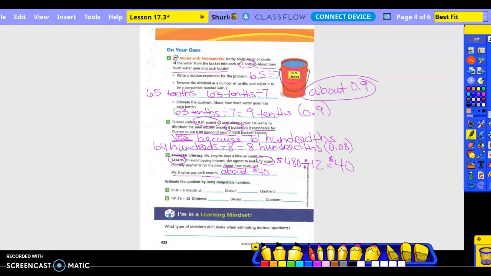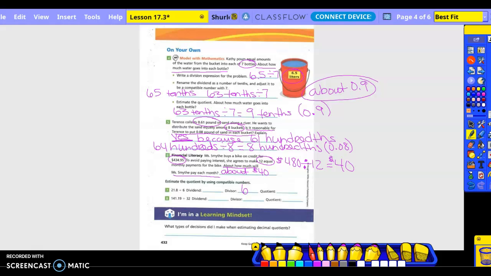Estimate the quotient by using compatible numbers. So, okay, we have a 6. Are we going to keep that or change it? We keep that, right? So we're going to put a 6 here. Okay. So what's a multiple of 6 that gets me a little under 21? 18. What's a multiple that gets me a little bit above it? 24. Okay.